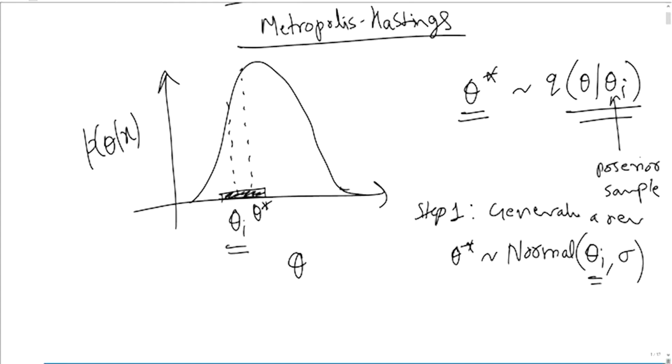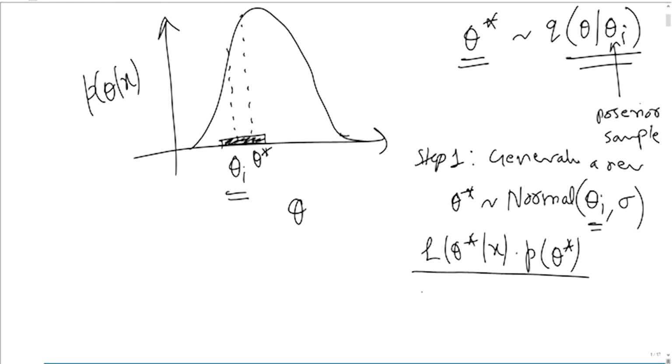So if you now calculate the posterior density of theta star, and the posterior density of the current state of the chain theta I, okay, which one is higher? Of course the posterior density of theta star is higher.